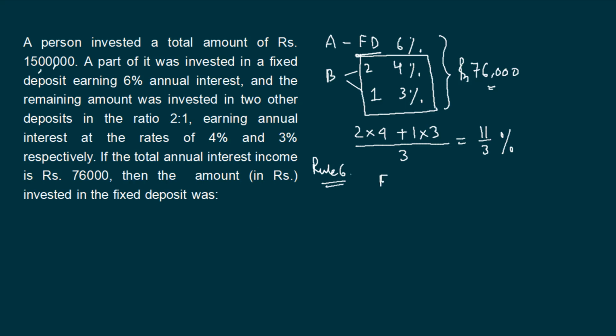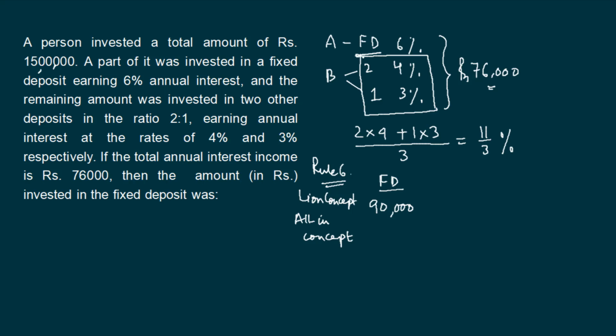What would be the return on 15 lakh if invested at 6%? It would be 90,000. I'm using the alligation concepts of rule 6. What will happen if all of it is given to that respective part in the mixture?